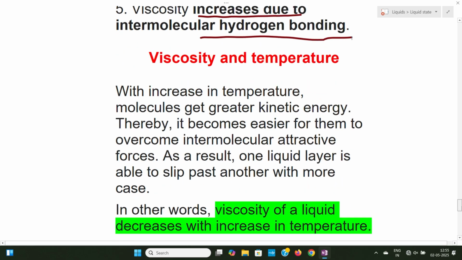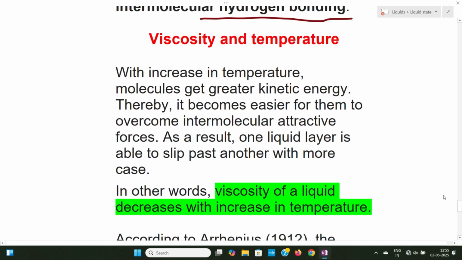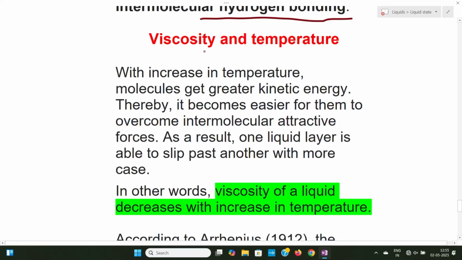Now, let us discuss something more about viscosity and temperature. We saw that with an increase of temperature, the viscosity decreases. What is the reason? While increasing the temperature, the average kinetic energy of the molecules increases.